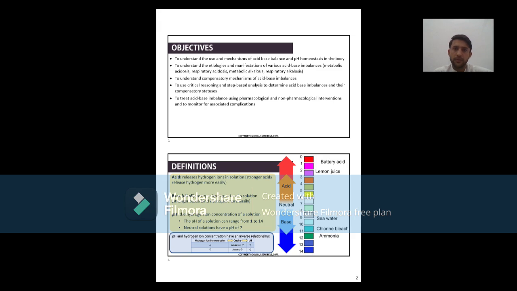Mechanism of acid-base balance and pH homeostasis in the body. To understand the etiologies and manifestation of various acid-base imbalances: metabolic and respiratory acidosis, metabolic and respiratory alkalosis.